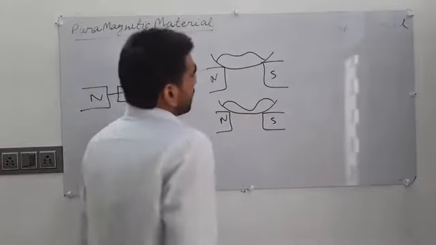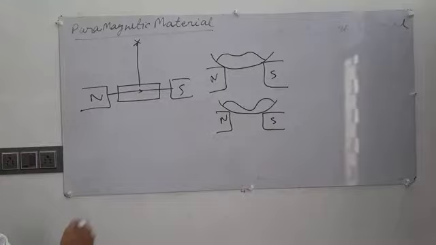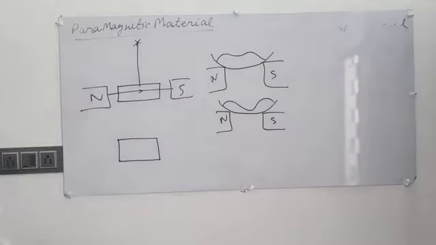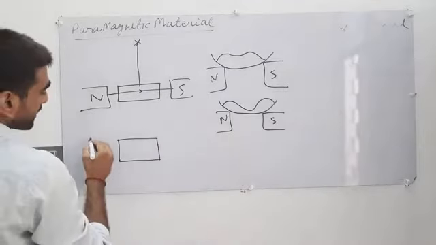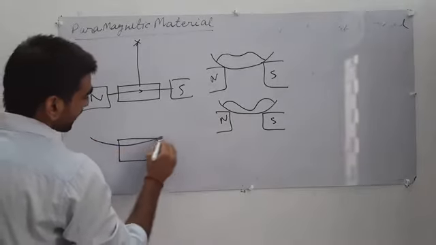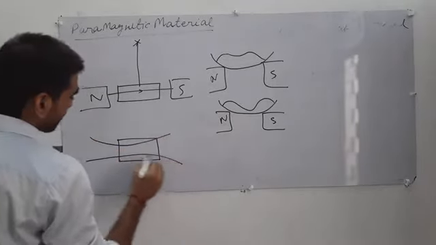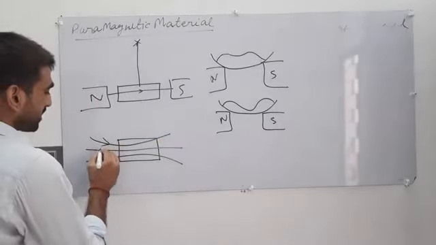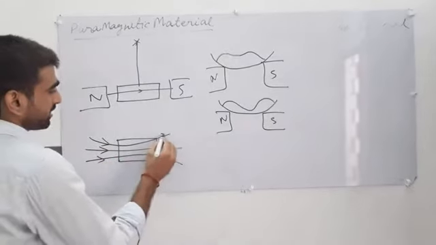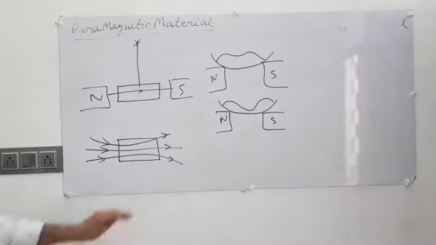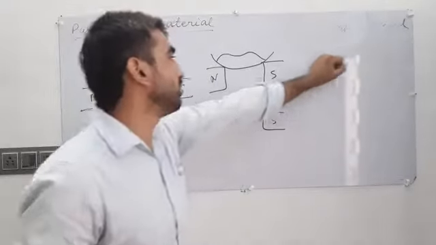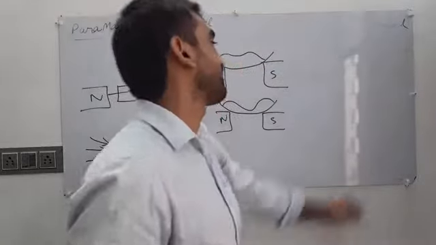Now the third thing is, if we put a specimen of paramagnetic material in an external magnetic field, then magnetic field lines are attracted towards the paramagnetic material, so these external field lines pass through it. These are the properties of paramagnetic material. Now let's discuss some mathematical properties.